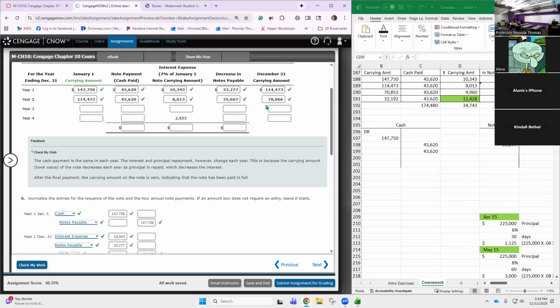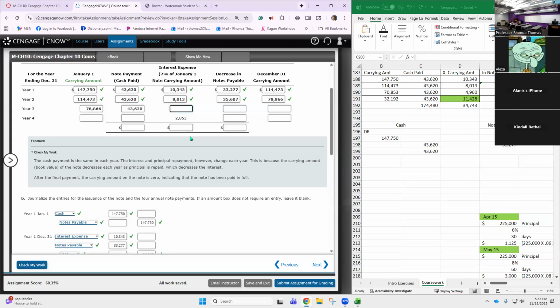Now we need that new carrying value brought down to year 3, $78,866, same payment, $43,620. Okay, and now we're going to take 7% of the carrying value, 78,866 times 7%.